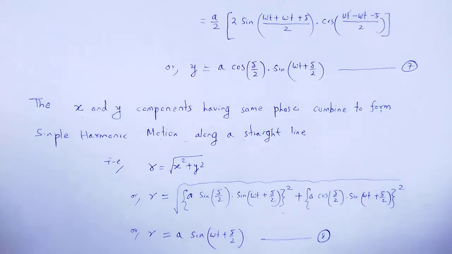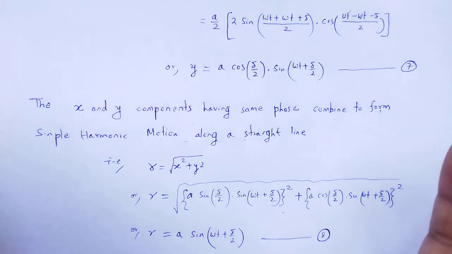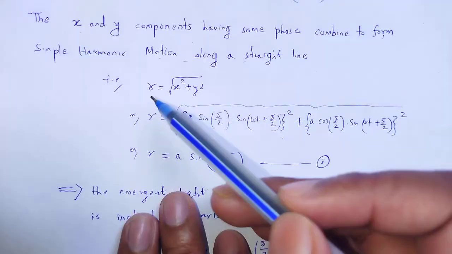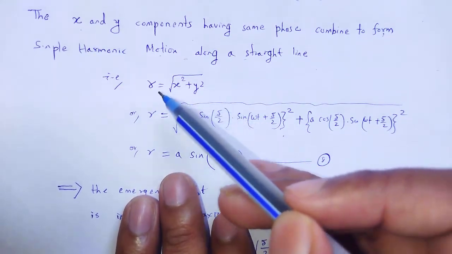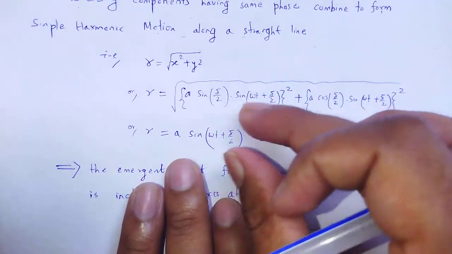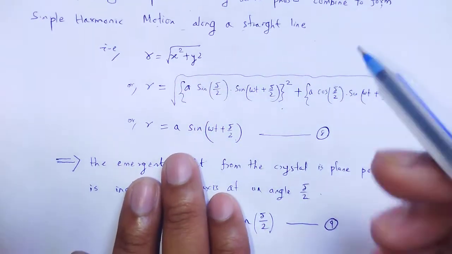So these two components now combine with each other to form a simple harmonic motion, SHM, along a straight line. So the resultant r is equal to the square root of x square plus y square. So the value of x and the value of y, its whole square under root.